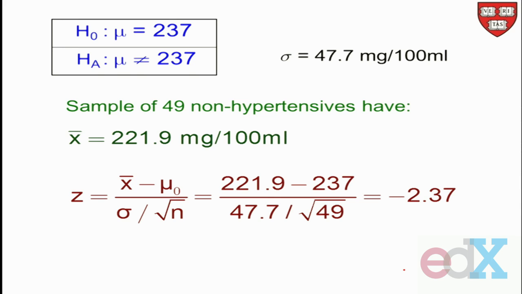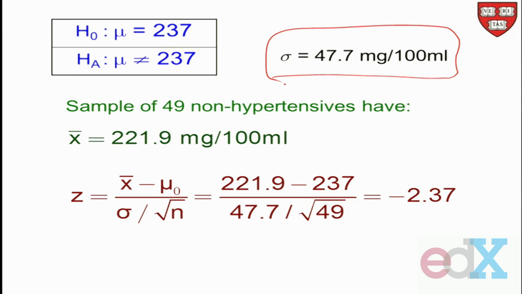So for example, if we go back to our population, we stated that the total cholesterol level in our population in Framingham was 237 with a standard deviation of 47.7. Now, I took a sample of 49 non-hypertensives. If I'm not mistaken, I used the random seed from the dollar bill, like before.